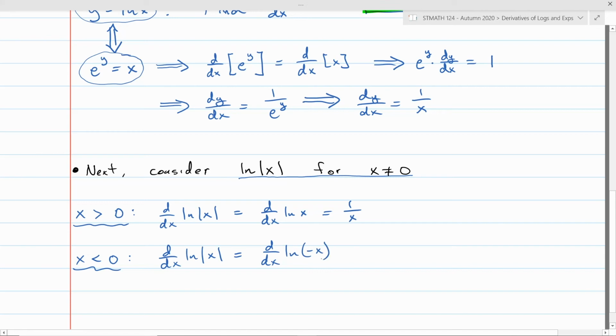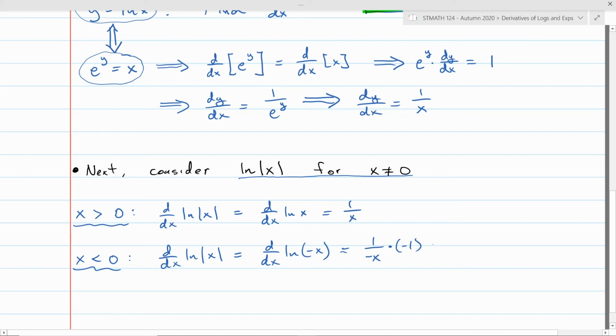Negative x is the absolute value of x whenever x is less than 0. And since we already know the derivative of natural log whenever the input is positive, and the input is positive here because you're taking the negative of a negative number, I can use my previous derivative formula and say that this is 1 over negative x times the derivative of the inside function, which is negative 1.